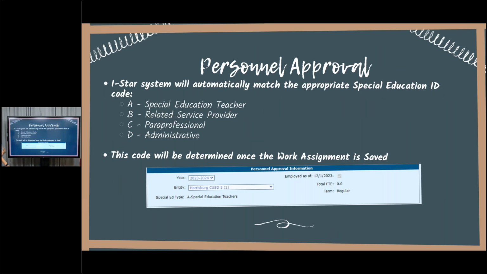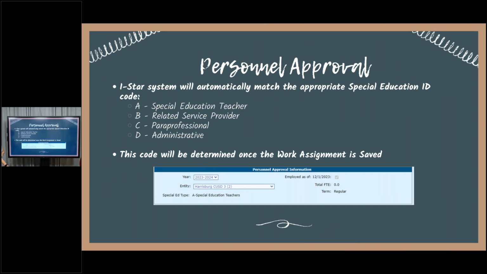Okay. Personnel approval for your status codes. You will not have to determine these. It will be based on the work assignment that you select, but it is a good idea to at least recognize what these codes mean, especially if you're going to be doing orphanage claims, because a lot of times you're going to look over at your claim information and it doesn't bring the heading over, it just brings the letter over.